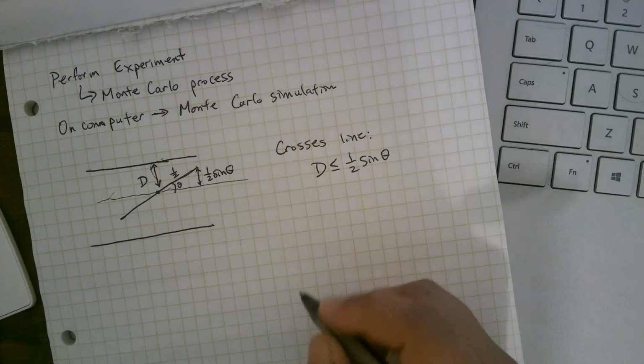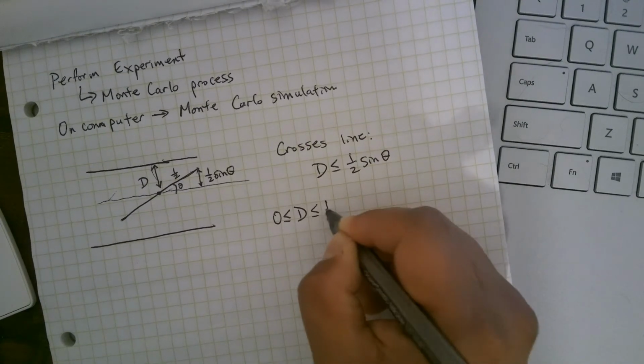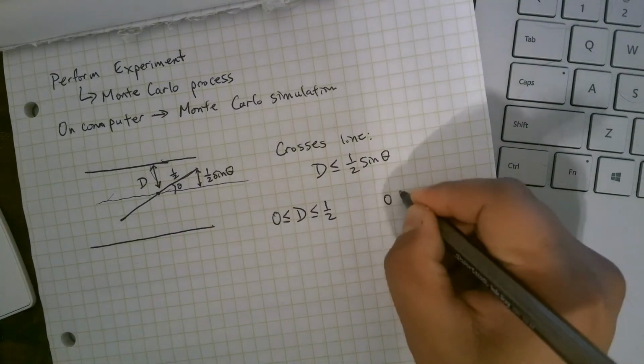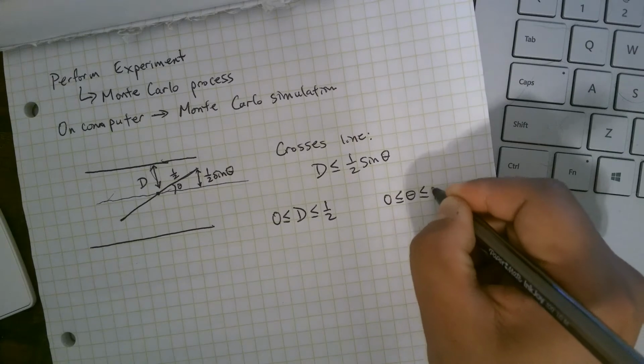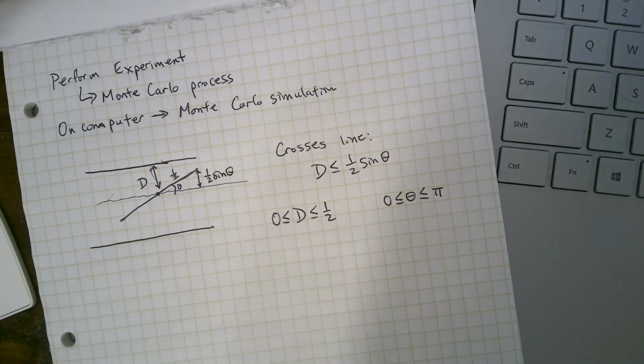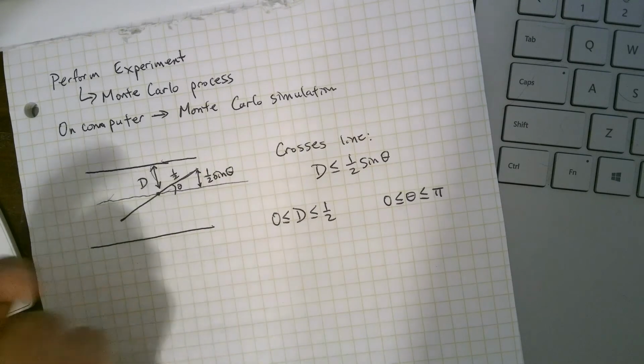And then we note a couple of things. D is between 0 and 1/2. The distance to the closer line has to be at most 1/2. And theta, we could have said between 0 and pi over 2, or between 0 and pi. Once I draw the picture, you'll see that it doesn't matter. Between 0 and pi, meaning we're always going to take the angle with the positive x-axis.